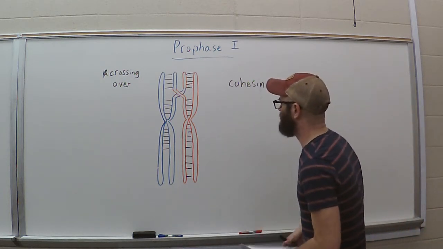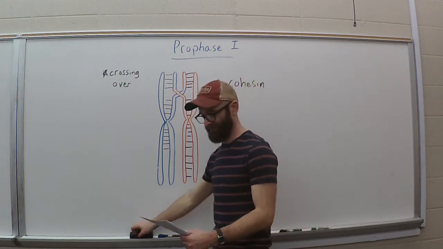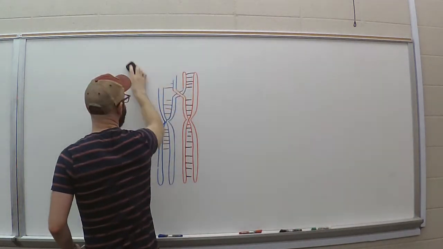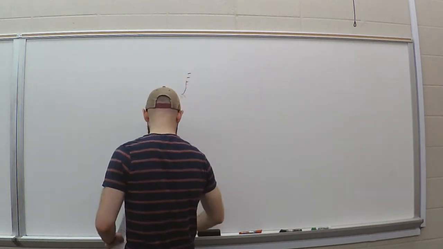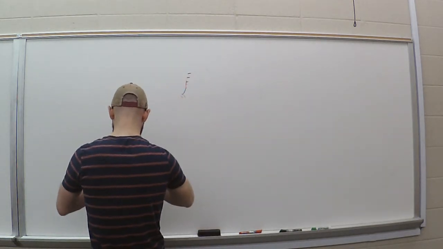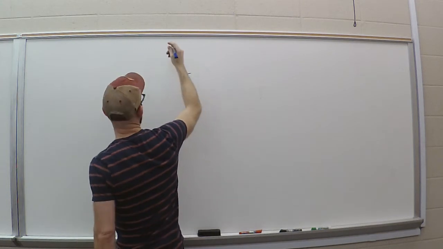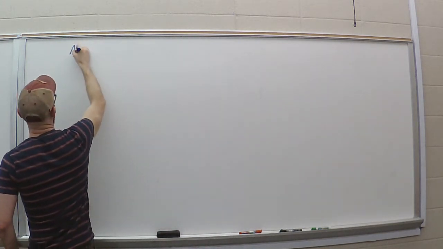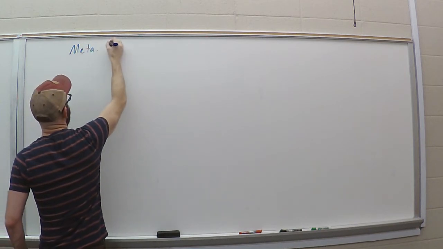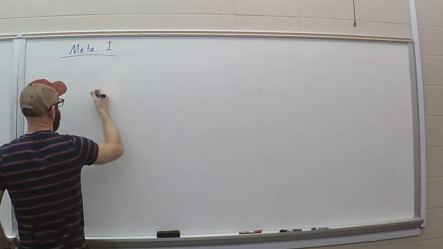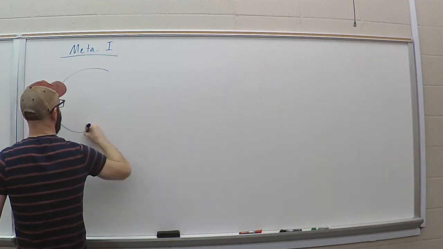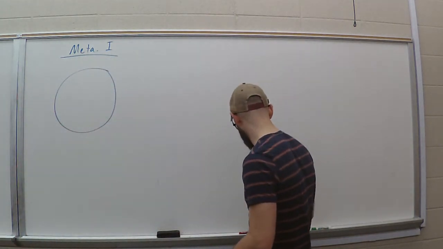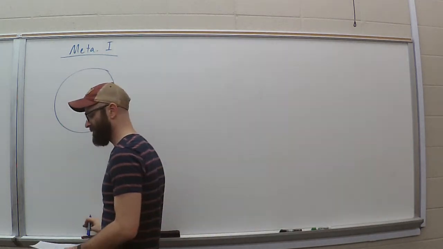So now the homologs are held together by cohesin. So in metaphase 1, all right, we're going to zoom out on that cell. We still only got, what were we, red and blue?